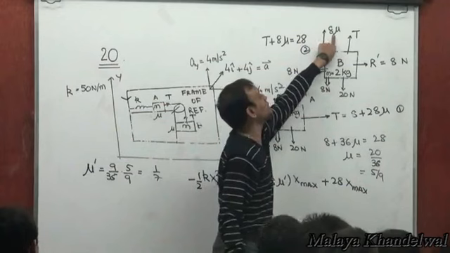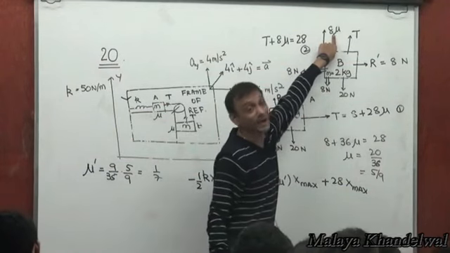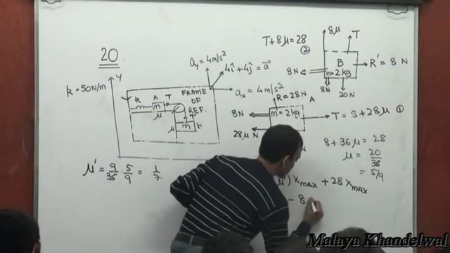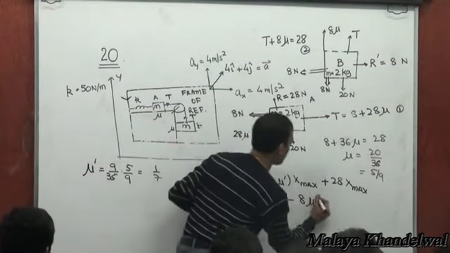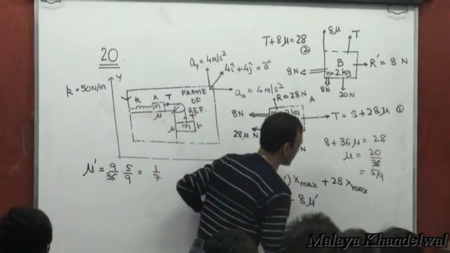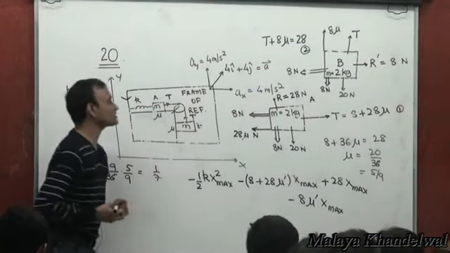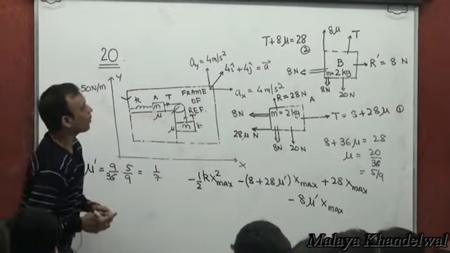So minus 8 mu prime x max, where mu prime we've computed is 1 by 7. This is the work done by all forces.